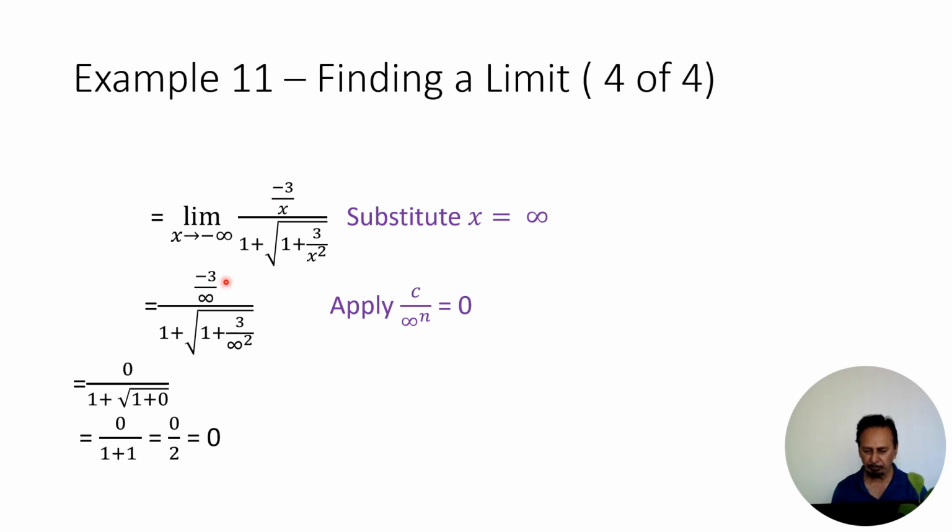Negative 3 over infinity becomes 0, and 3 over infinity squared also becomes 0. So we have 0 over 1 plus the square root of 1 plus 0, which is 1, so 0 over 1 plus 1, which is 0 over 2, which is 0.